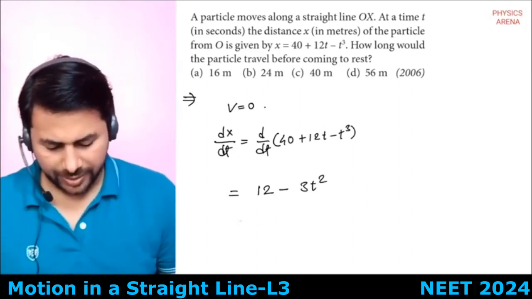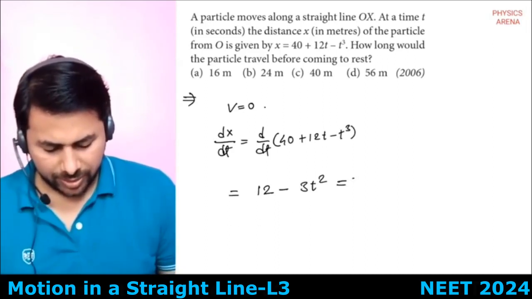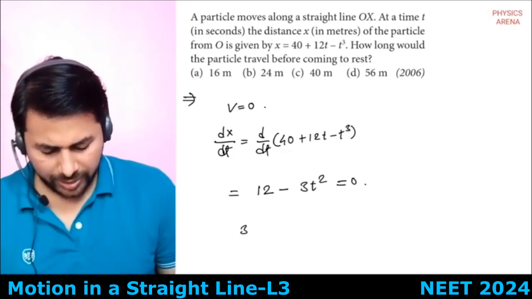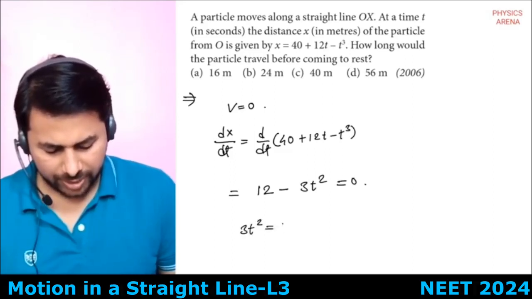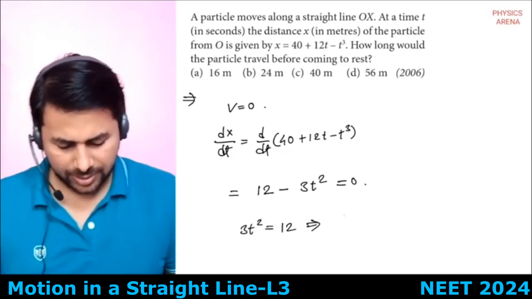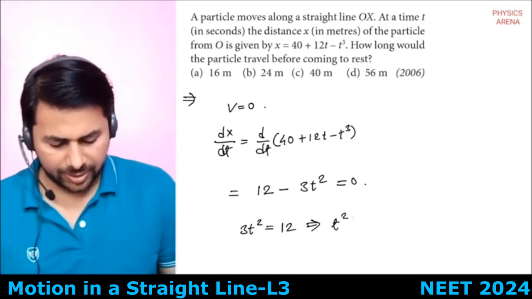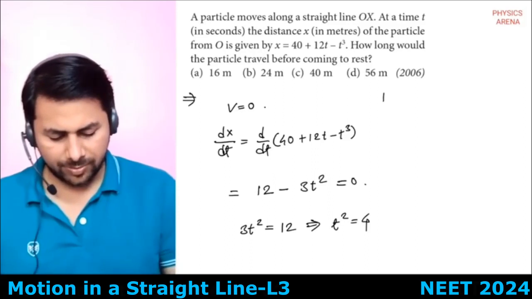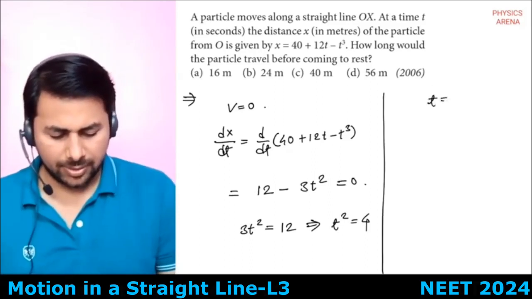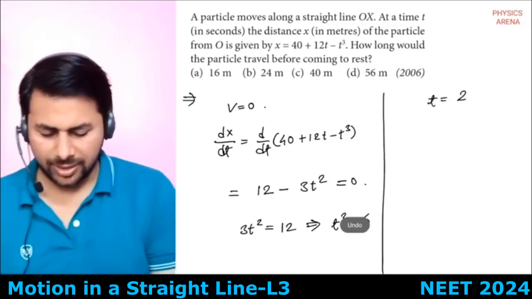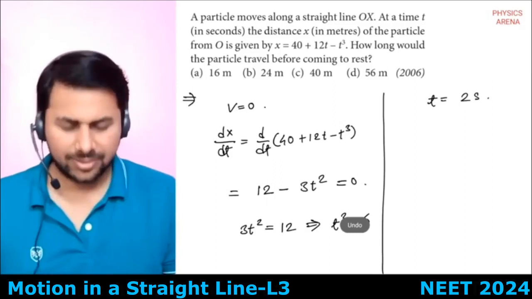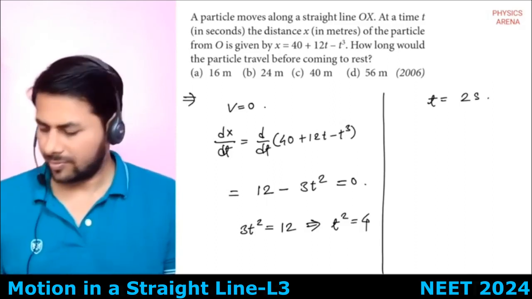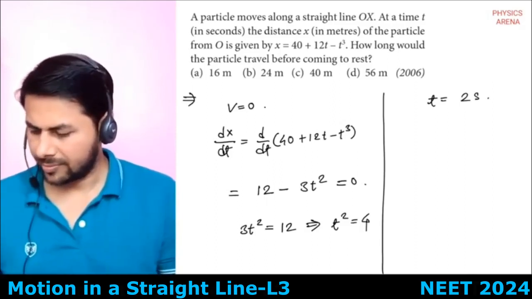So this is equal to 0, therefore we have 3t square equals 12, and this implies that t square is equal to 12 by 3, that's 4, so t is equal to plus minus 2. So which one is correct, plus 2 or minus 2? Plus 2, right?